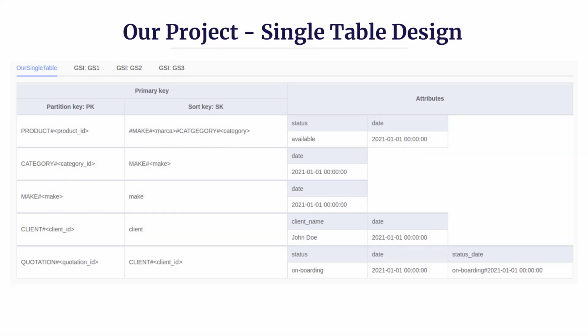What this is going to do is let us query or filter on cascade. So for example, I can search the product ID, and then by the sort key, check that it includes make, for example, my car make. So you get all the products of my car make.